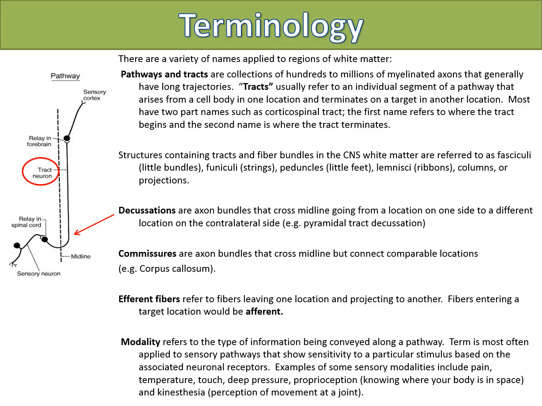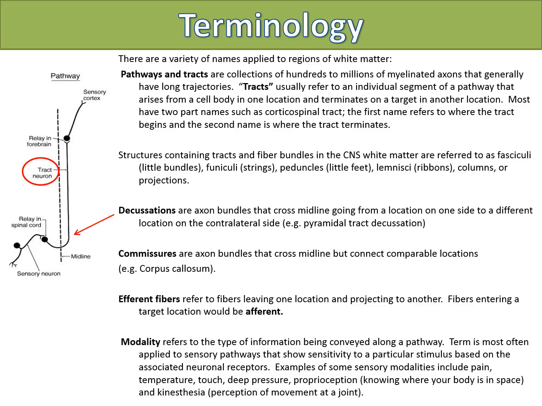Decussations are those axon bundles that travel some distance, originating at one location on one side of the central nervous system and traveling over to the other side, but arriving at a different location.